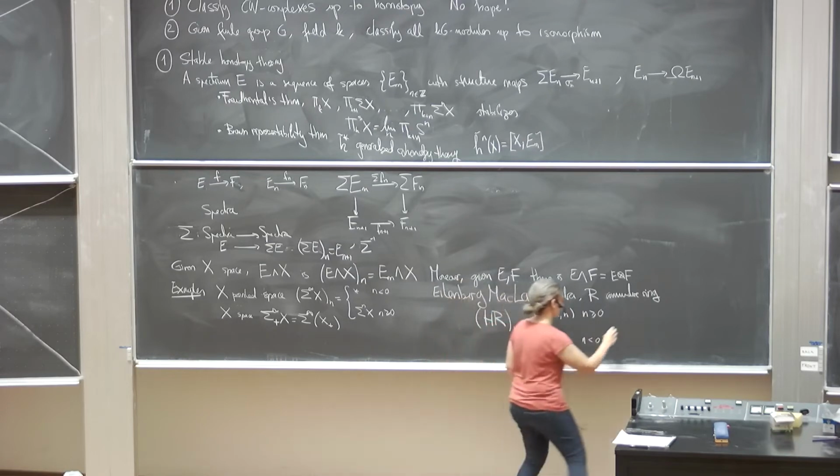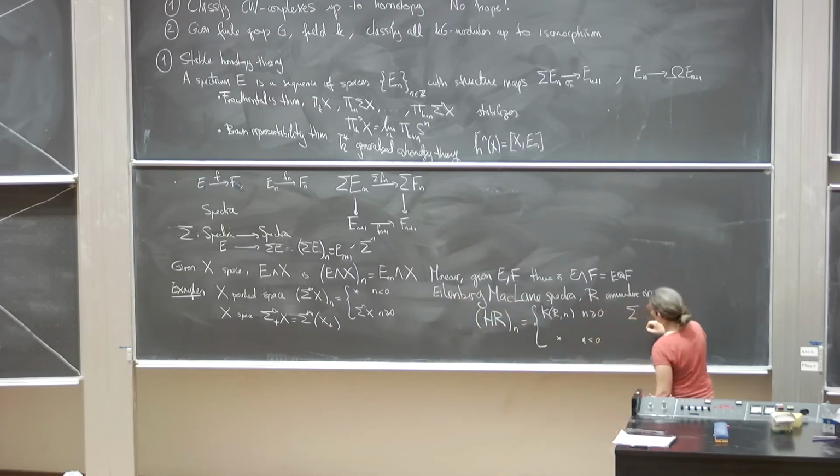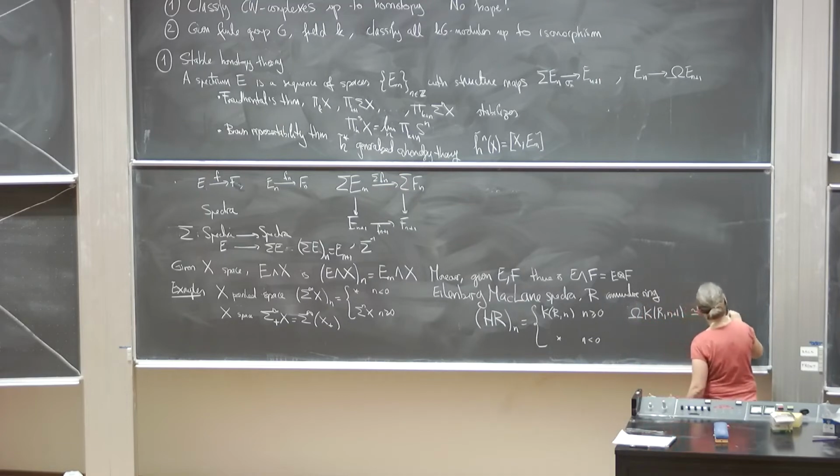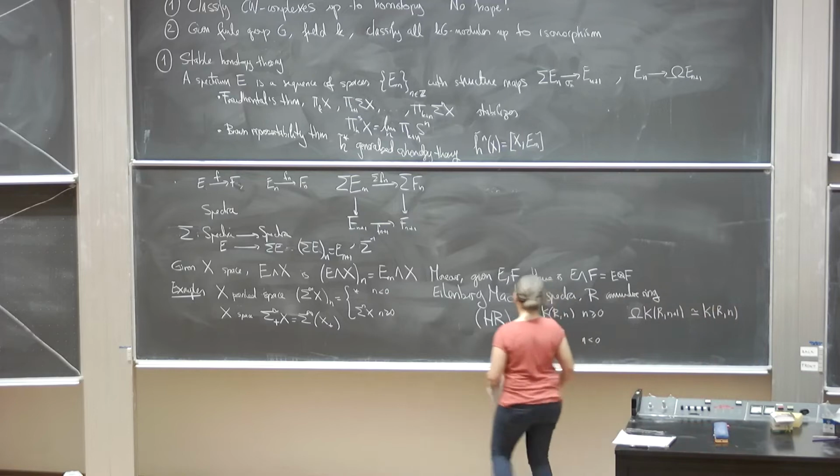And then there is this relation, a map from K(R, n) to loops of K(R, n plus 1), which is an equivalence. So this is going to give you, in fact, an omega spectrum.